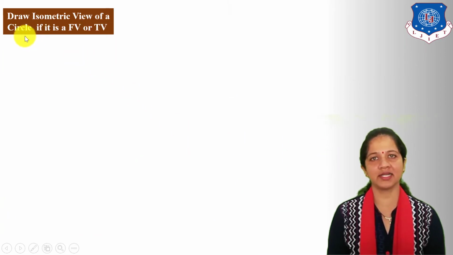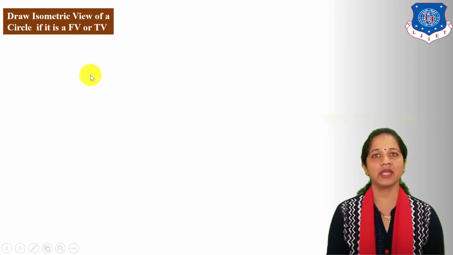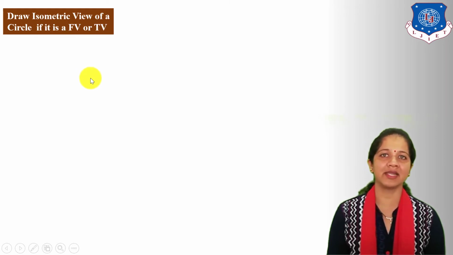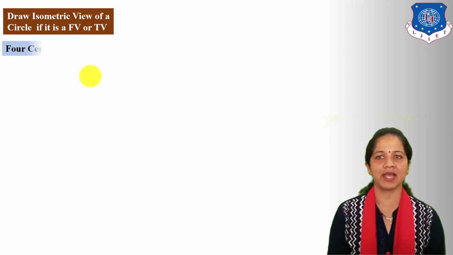Next, let us understand the isometric view of a circle, whether it is a front view or top view. Now, in an isometric drawing, a circle looks like an ellipse. For circle drawing, we need to apply the four center method.